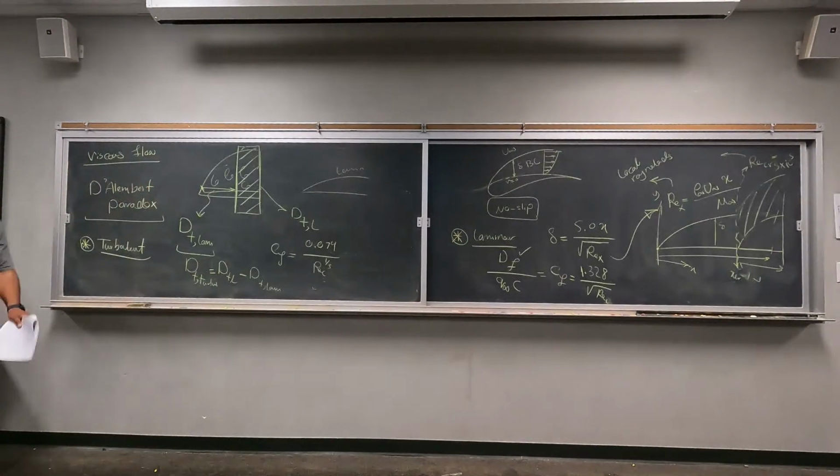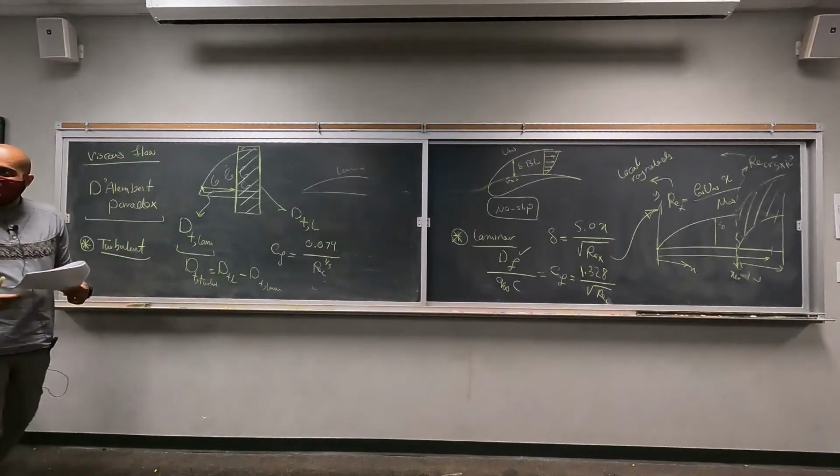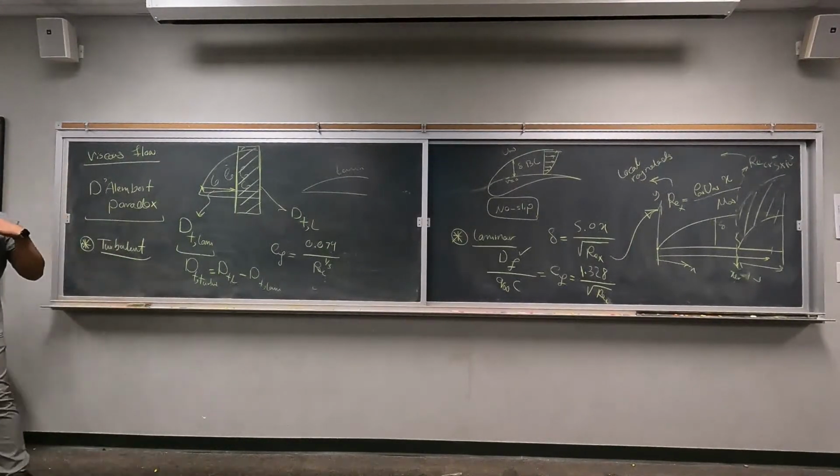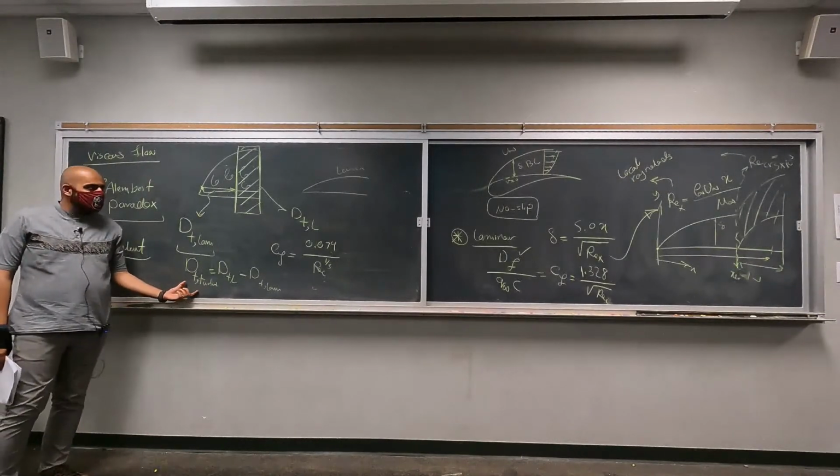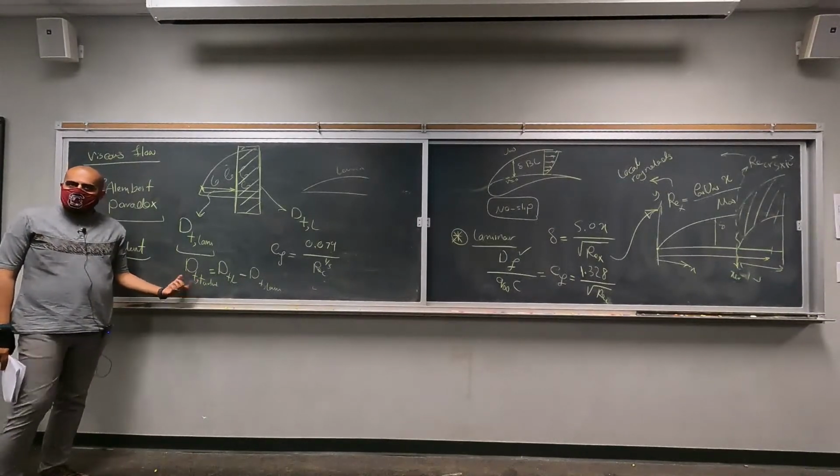So essentially, you assume that all of the plate is turbulent, do the calculation, then you remove the part in which the flow is really laminar, right? You're going to only have the turbulent drag where the flow is turbulent.